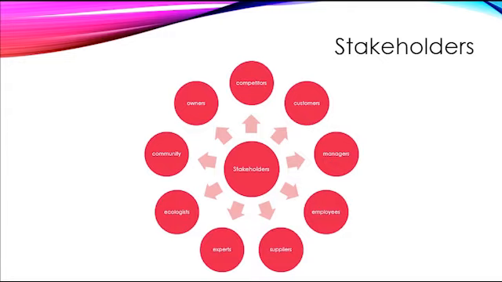But there's a very broad range of stakeholders, and the broader we can be in terms of taking into consideration the stakeholders, the more ethical, the more sustainable our decisions might be. So here I've made a list of very common stakeholders. Can anybody think of any other stakeholders that I haven't listed here?